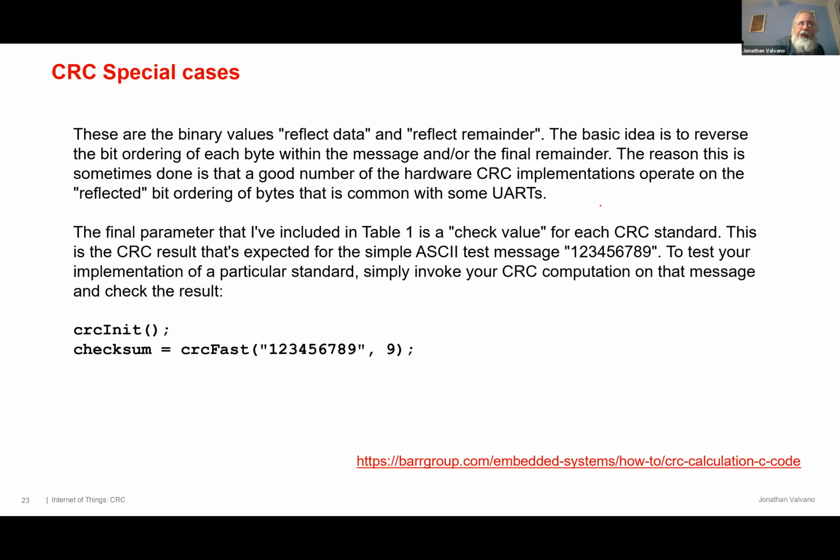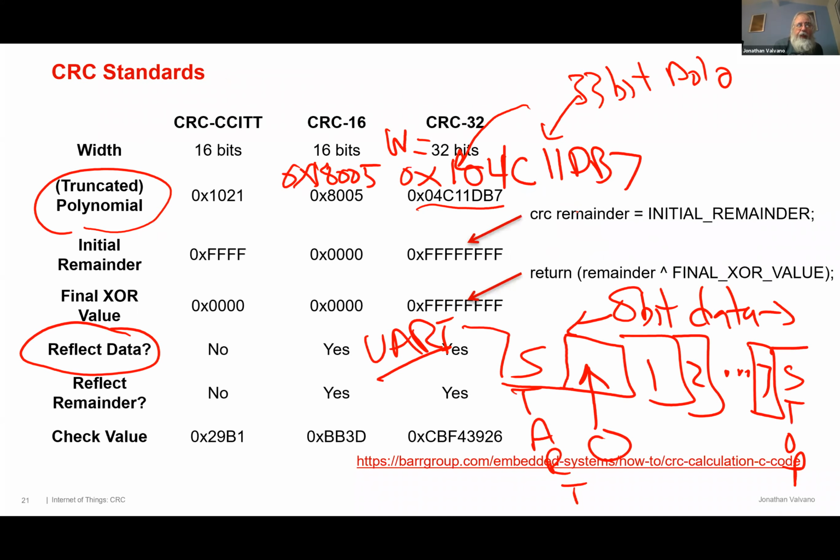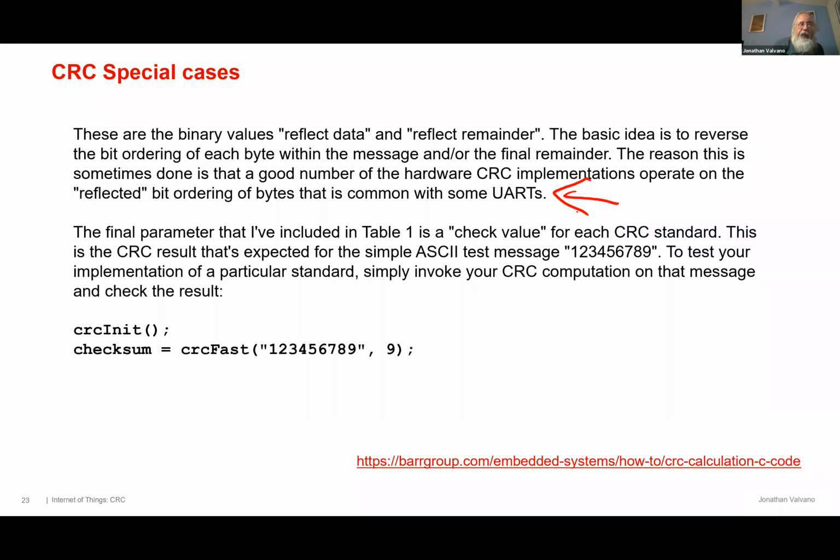Now, I've already said that because of the UARTs. Okay. There was a check parameter, and the check parameter is a way to verify the remainders you get when you send in a standard parameter.